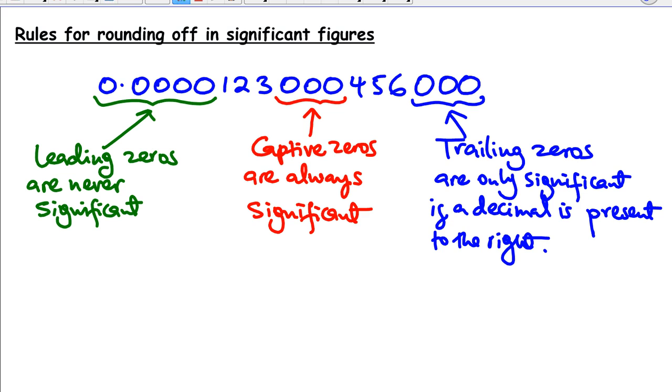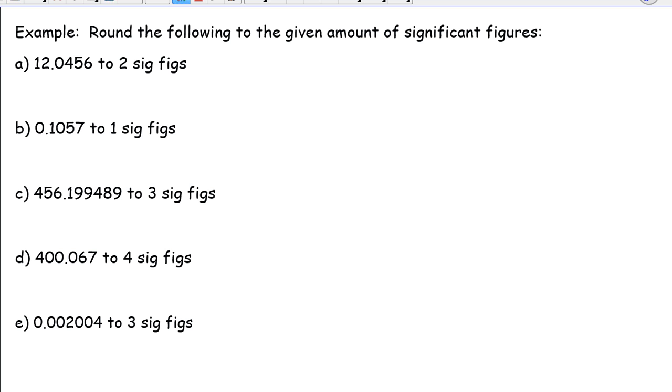Okay, so I'm going to look at some examples on how we can apply this knowledge to round the following to given amount of significant figures. So the first one, 2 significant figures, that's a first significant figure, that's a second significant figure. So I'll just end up with 12 because the next number is 0. Just ignore it, just write 12. One significant figure.